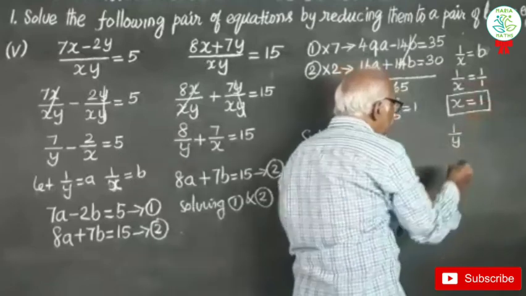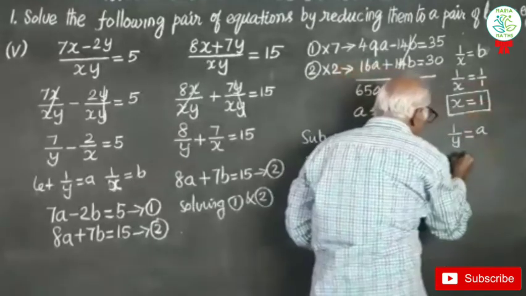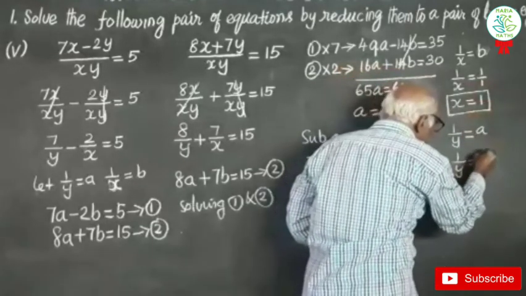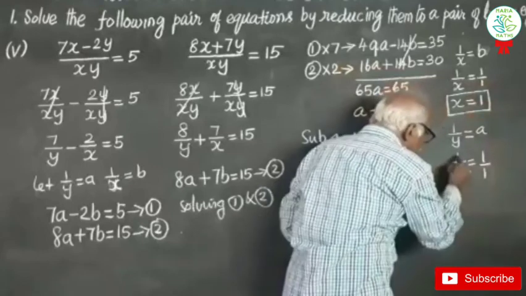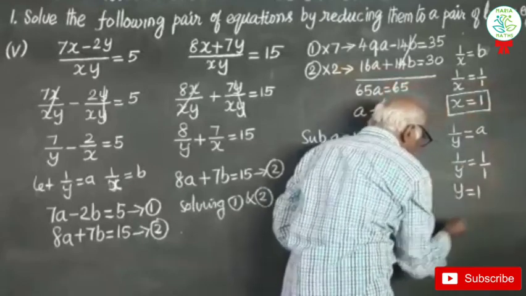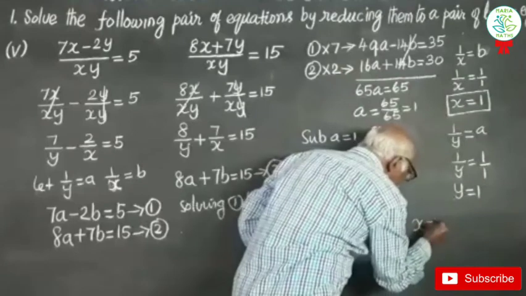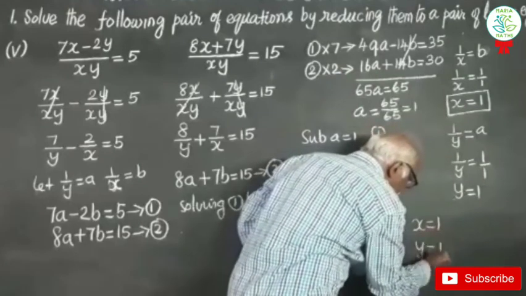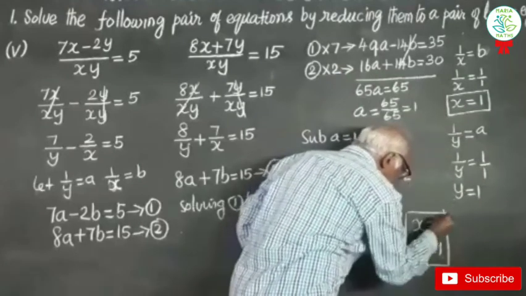Cross multiplying, x is equal to 1, the first answer. Then 1 by y is equal to a. 1 by y is equal to 1 by 1. Therefore, cross multiplying, y is equal to 1. Therefore x is equal to 1 and y is equal to 1 are the answers.